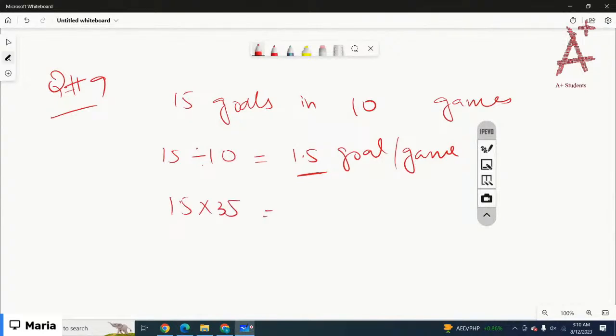You will get the goals he can do in 35 games, right? So 1.5 times 35 is 52.5. That means in 35 games he can do 52.5 goals, right? The assumption we made is that in every game it would be 1.5, right? That is the assumption. Okay.